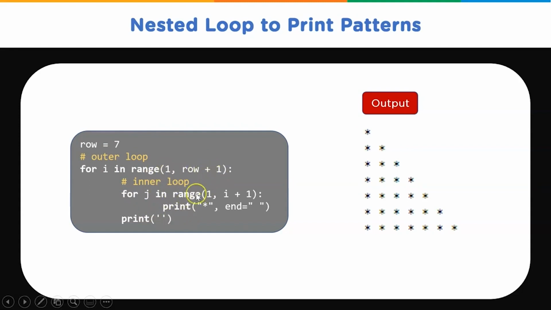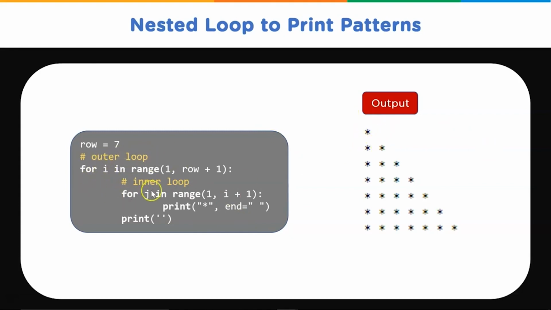Now the inner loop is the total number of columns in each row. So for each iteration of the outer loop, the columns count gets incremented by 1. So for the first iteration of the outer loop, the column count is 1. In the next iteration, it is 2, and so on. The inner loop iteration is equal to the count of the columns, and for each iteration in an inner loop, we print a star. So for the first iteration, when i value is 0, it will first print a blank.